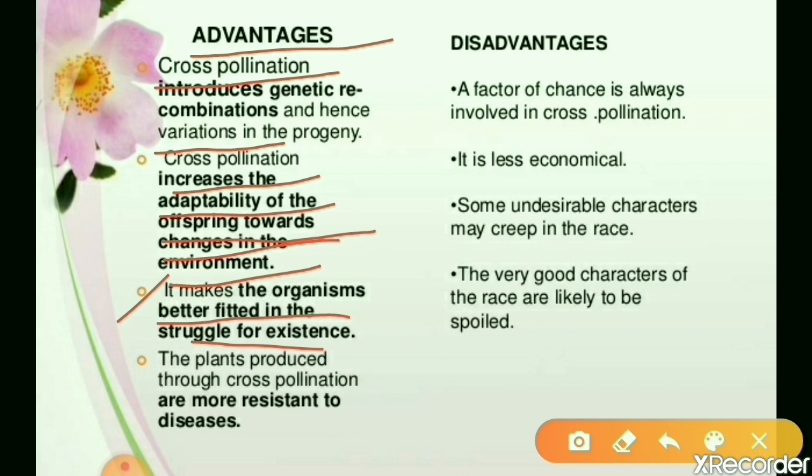Those organisms produced by cross-pollination have capacity to struggle for their existence. Last, the plants produced through cross-pollination are more resistant to disease. The offspring produced by the cross-pollination have the capacity to resist diseases. So all these are the advantages of cross-pollination.